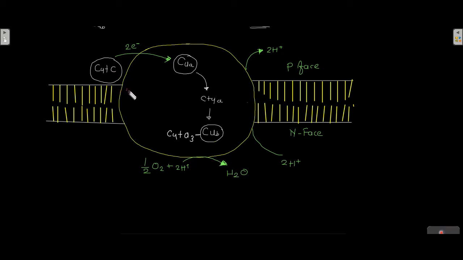So this is how your complex 4, or cytochrome C oxidase, catalyzes the transfer of electrons to molecular oxygen, which results in proton pumping.